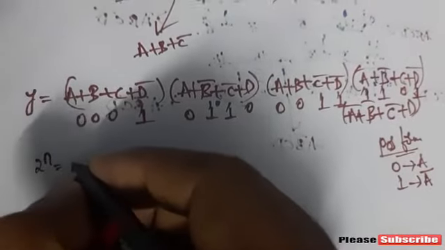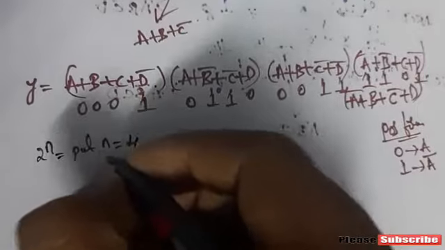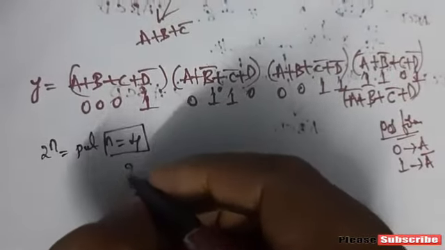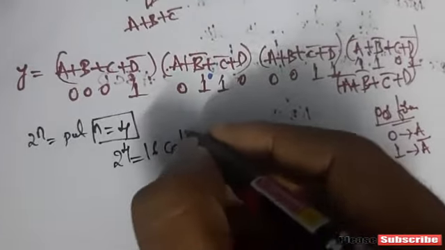Let's see, 4 variables, right? 2 power n. Put n is equal to 4, then 2 power 4 is equal to 16 cells. 16 cells, right?